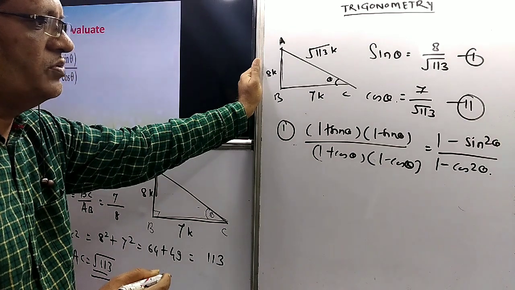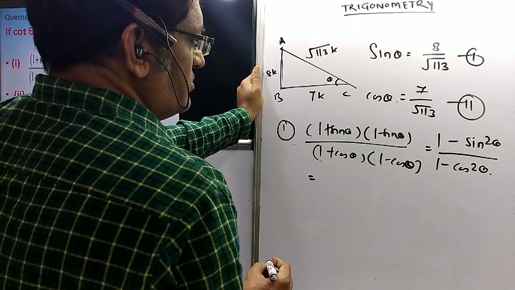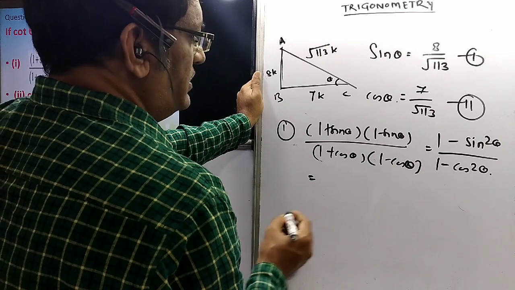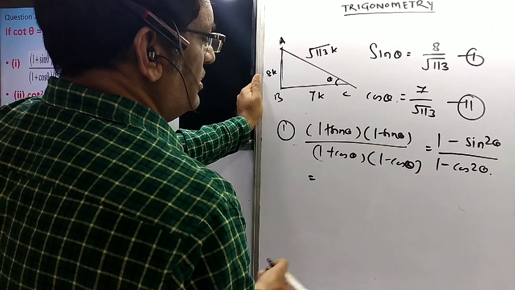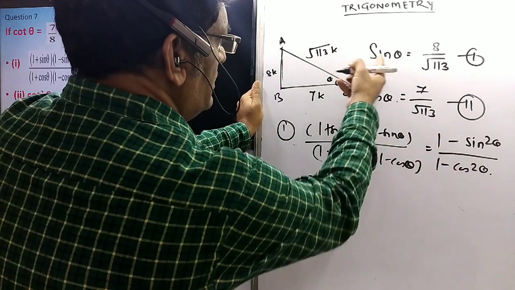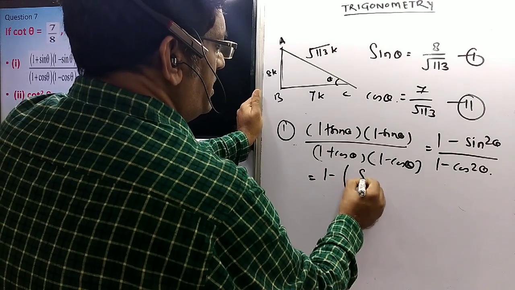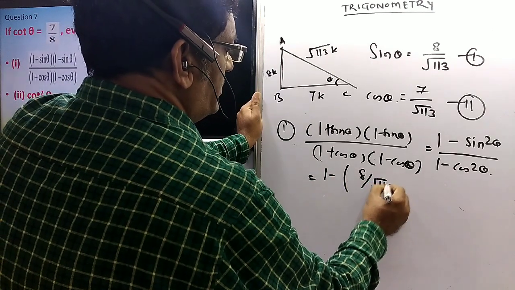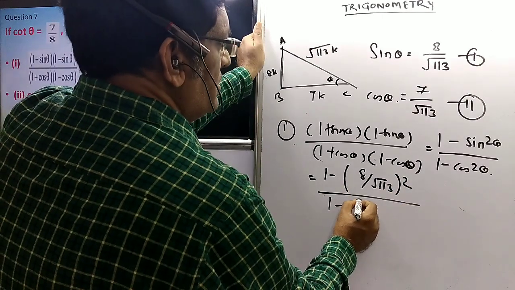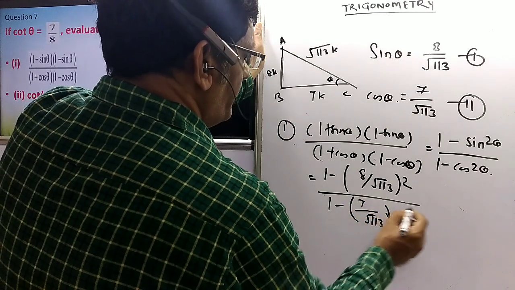So 1 minus sine square theta divided by 1 minus cos square theta. Later on we get that 1 minus sine square theta is cos square theta, but till now we don't know, so just directly we replace this sine by this value and cos by this value. Then it is 1 minus (8 by root 113) square, whole divided by 1 minus (7 by root 113) square.